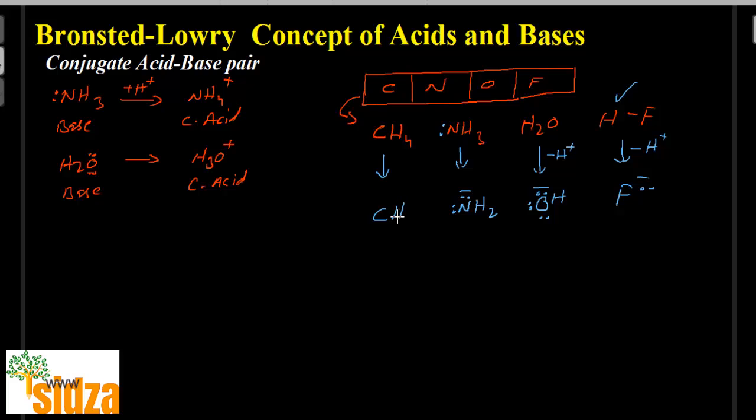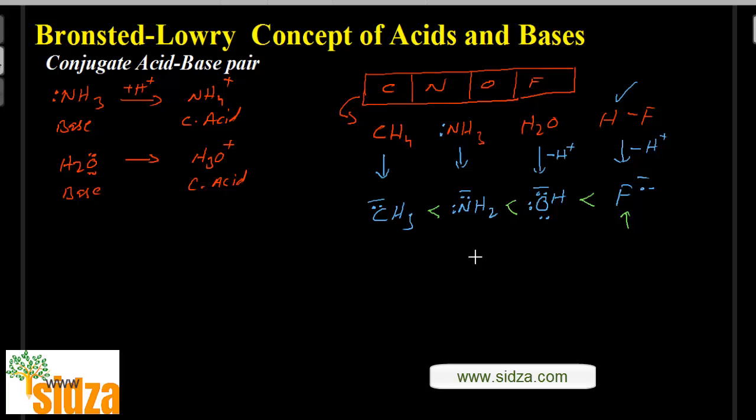As we discussed previously, the strength of an acid depends on the stability of its conjugate base, and the stability of these conjugate bases follows this order. F negative is more stable than hydroxide ion, which is more stable than NH2 negative, which is more stable than CH3 negative, because fluorine is a very electronegative atom, so it can bear this extra negative charge.